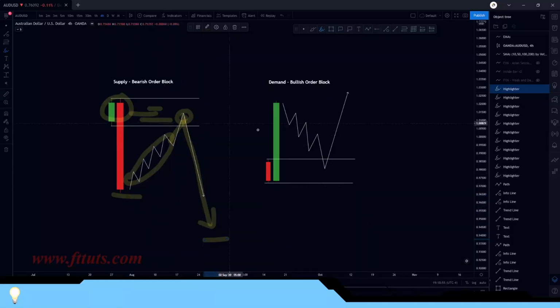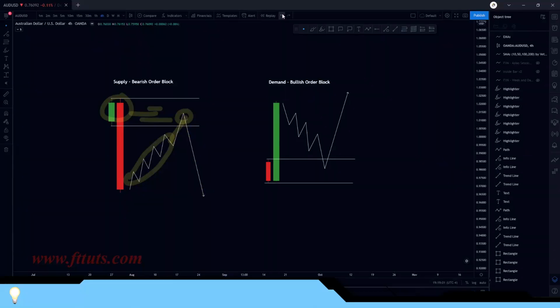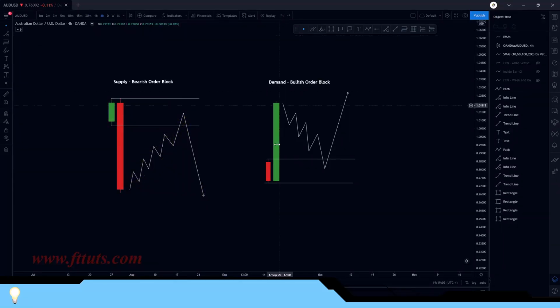And in the case of a demand area or a bullish order block, it's the same, except it is drawn on the last bearish candle before the impulsive move, moving away from the area where there was a large volume or large order flow for the banks to get involved, right?